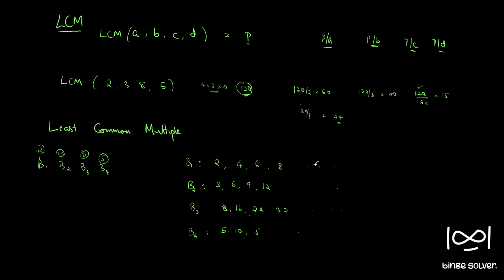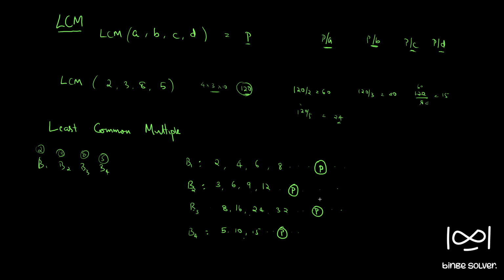So let's say there is a number P that appears in every row. P is the smallest number that appears in every row. If there is such a P, then that means at the Pth second all the bells ring together.